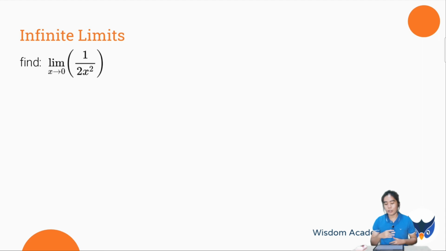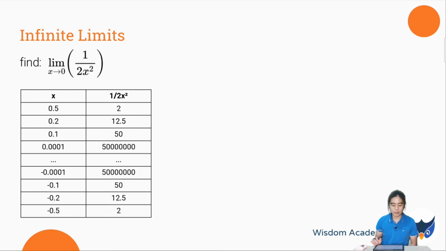Tignan muna natin ngayon kung ano yung magiging value niya when x approaches 0. So, we will use the table method na ginawa natin when we discussed about limits. Let us consider values at 0.5, 0.2, 0.1, and 0.001. On the other side, negative 0.5, negative 0.2, negative 0.1, and negative 0.001.